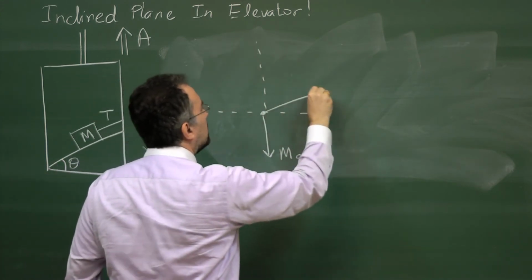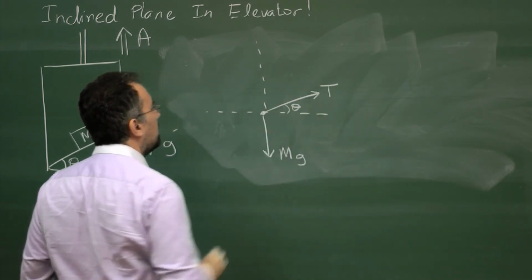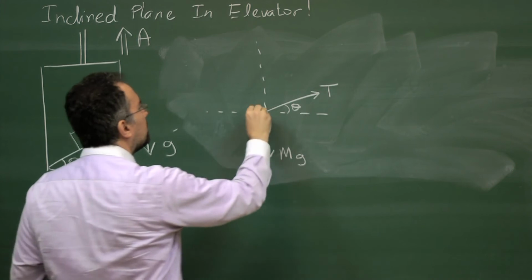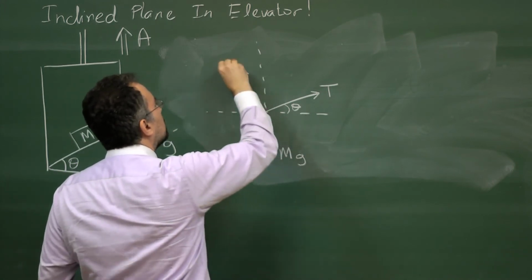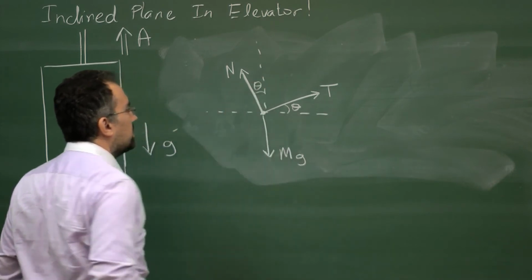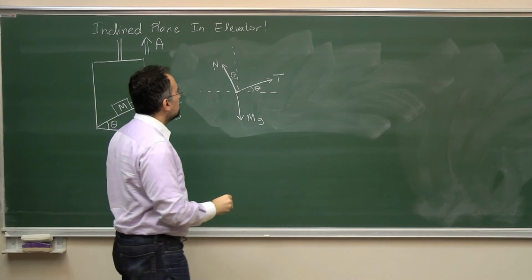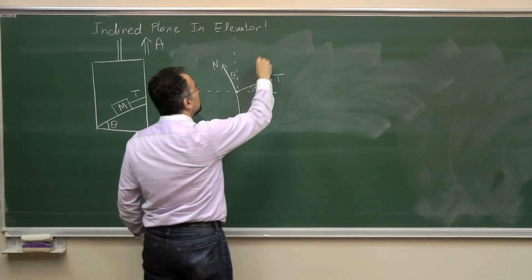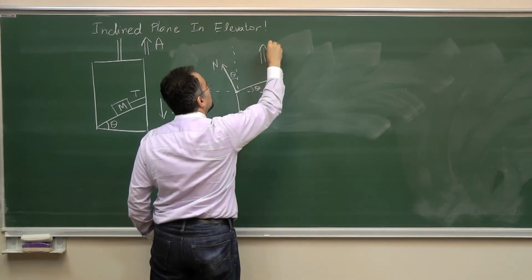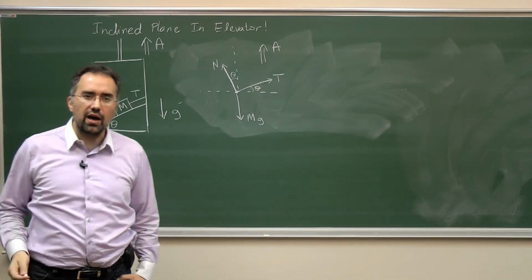I have the tension in the rope with angle theta, and then I have the normal force N, and this angle is also theta. Now, of course, the whole system is accelerating up with acceleration A.